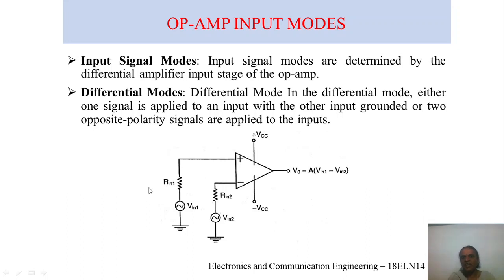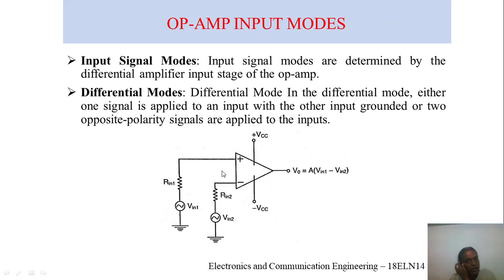In the op-amp input modes, here you have various input modes, which we will take one by one, starting with the input signal mode. Just before going into the types of input modes, we can see here a circuit diagram.